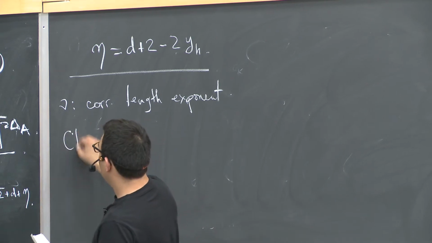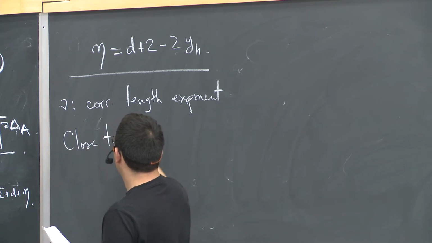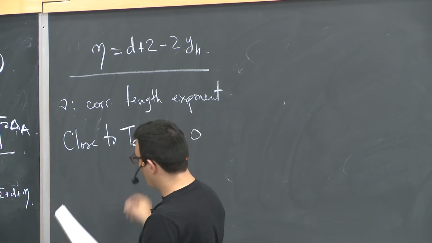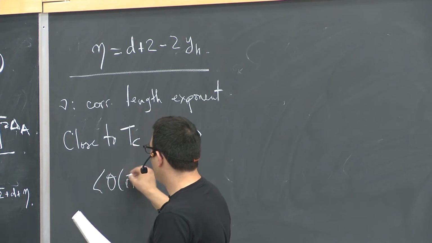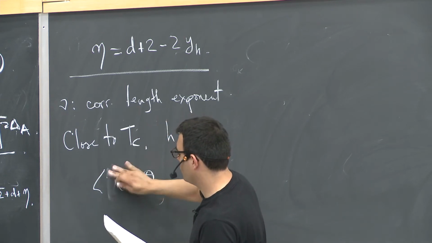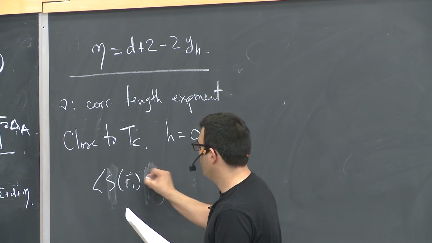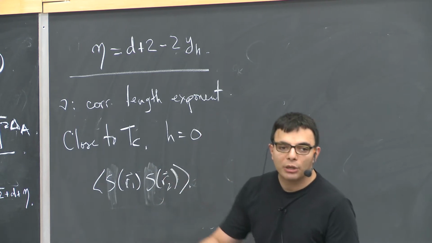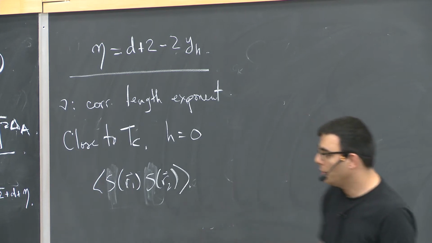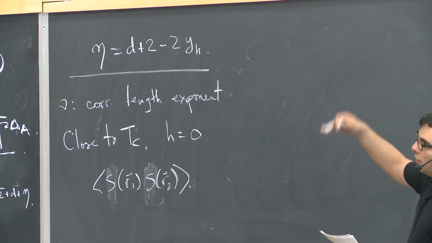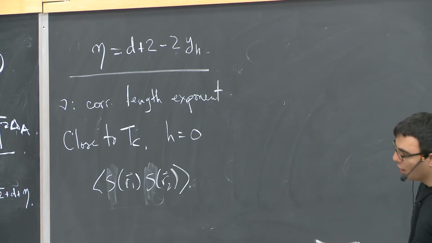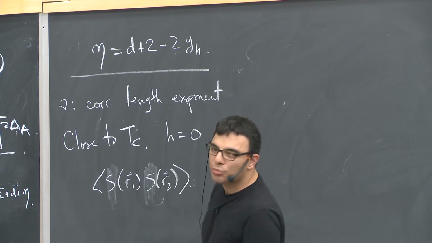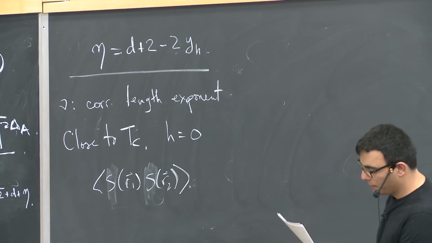So close to Tc, but at h equals 0, the correlation function S(R1), S(R2) is not quite a power law, but it decays exponentially with some coefficient. So it's e to the minus the distance divided by some length scale. And the question was, how does that length scale depend on the temperature close to the critical point?